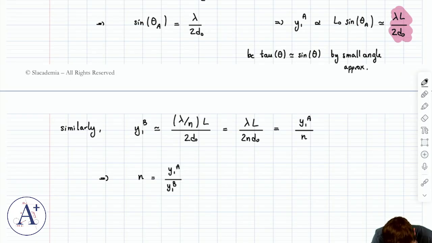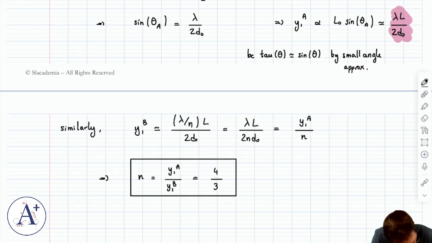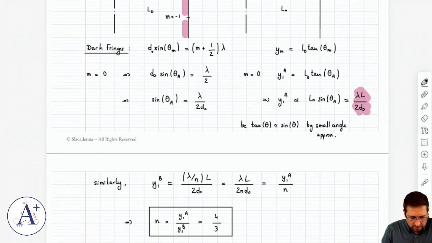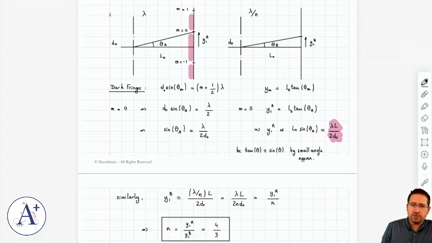Careful, flip that thing carefully. That's going to be 4 centimeters divided by 3 centimeters, 4/3, which actually tells me that the fluid is water, but even without recognizing that, that at least is the index of refraction of the fluid that I used in the second experiment.